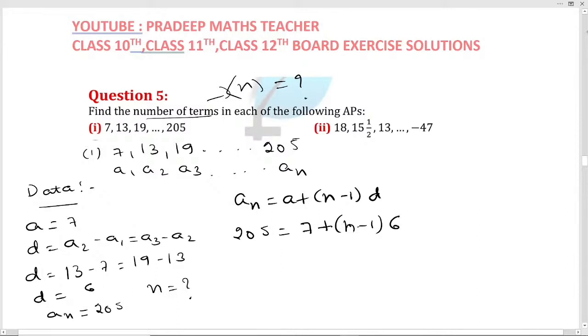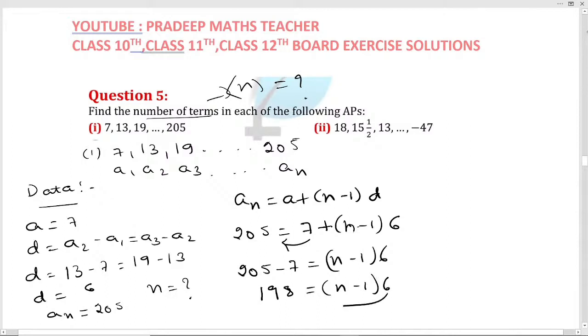Now send the 7 to the left hand side, so it will become minus. So 205 minus 7 equals n minus 1 into 6. The same step that we did in the fourth one. If you subtract 205 minus 7, the answer is 198 equals n minus 1 into 6.